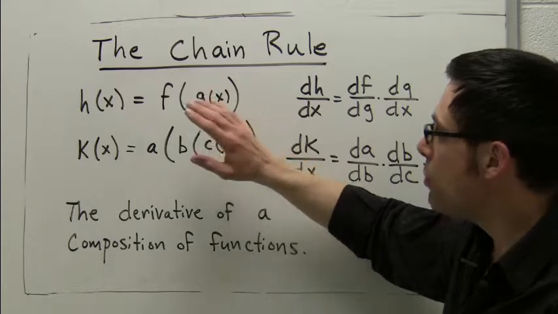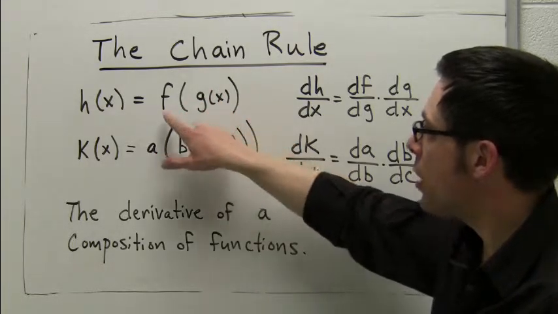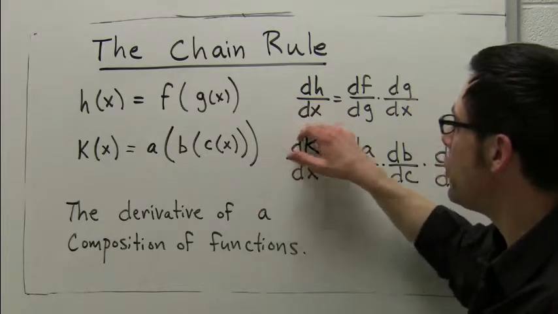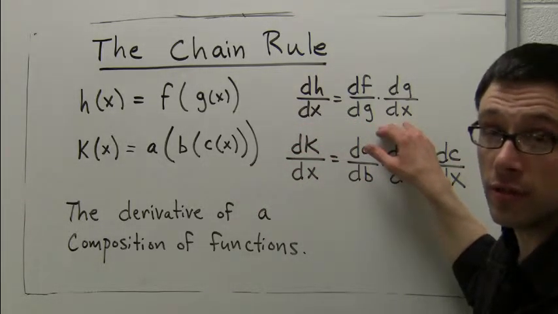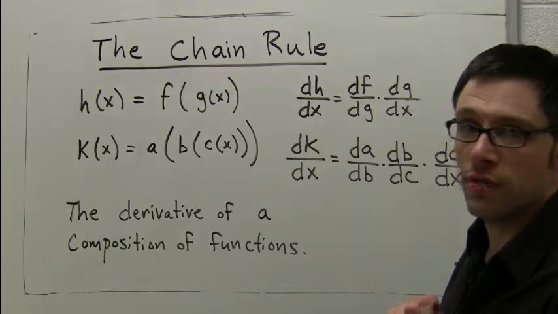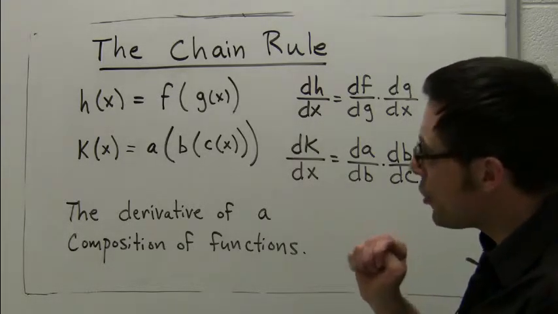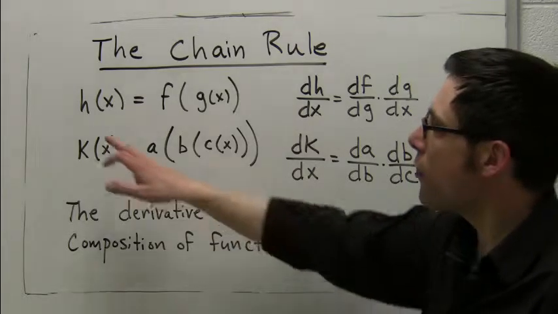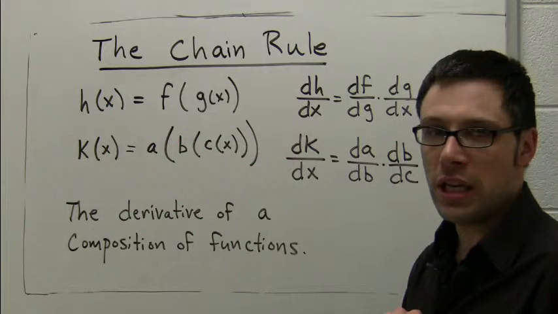Because I have a chain of functions here, f to g to x, I have to have a chain of derivatives when I'm finding the derivative of this composition of functions. Remember that the derivative tells you the rate of change of the function with respect to an input.